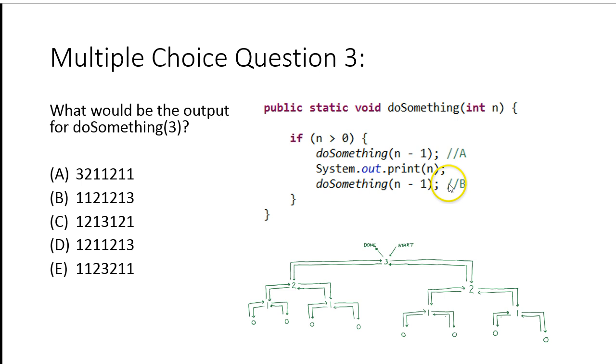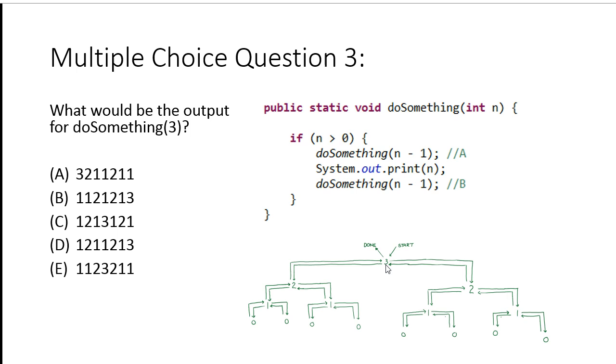So then I'm going to call the recursive call for B, so it's going to kind of come here. And now I call it again with 1, so I'm going to have to call A, 0, print out 1, 0, complete the method, back up, complete the method, roll back to my initial call, which is when I called it with 3, and then this is going to print out 3.